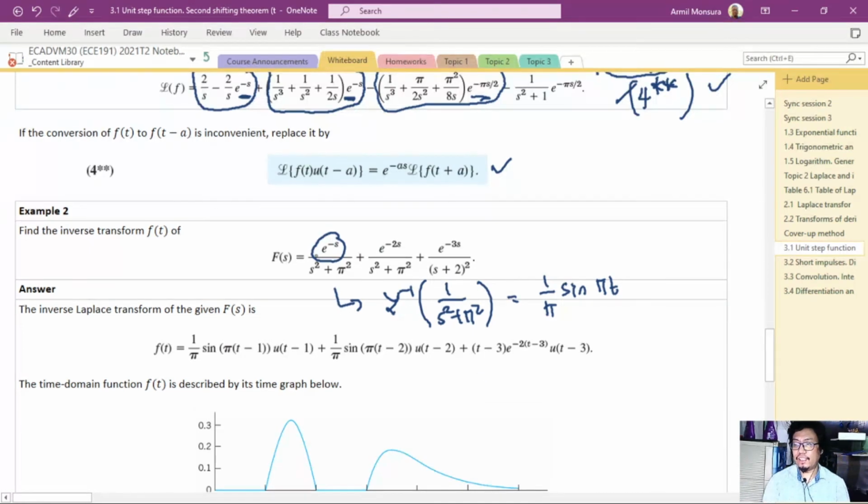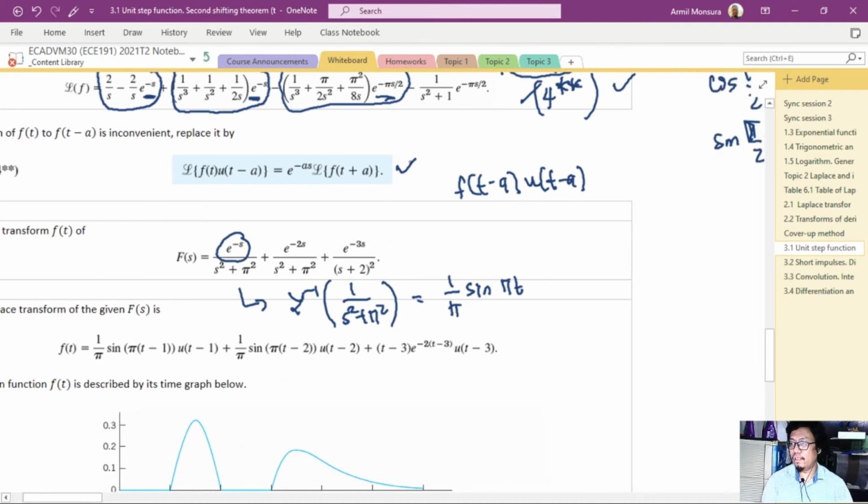Since there is an S domain exponential here, it means that it came from f of t minus a times u of t minus a. The Laplace of that is e raised to negative as times F of s.